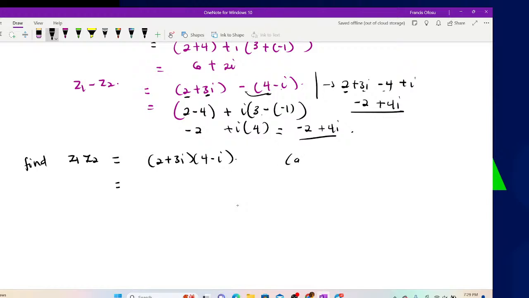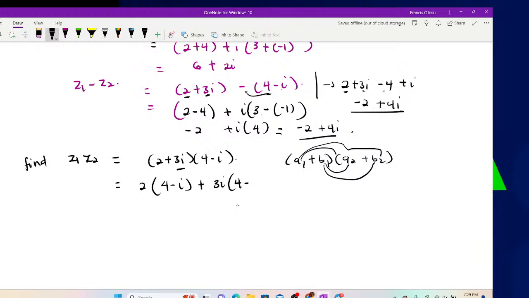As you know, if you have a1 plus b1 multiplying a2 plus b2, and a normal binomial expansion, this will take this, then this will take this, and this will take that. It's the same thing we do here. So the first thing to do is you take the 2 here, open bracket, multiplying 4 minus I, right? plus the 3i here, open brackets, multiplying 4 minus I.